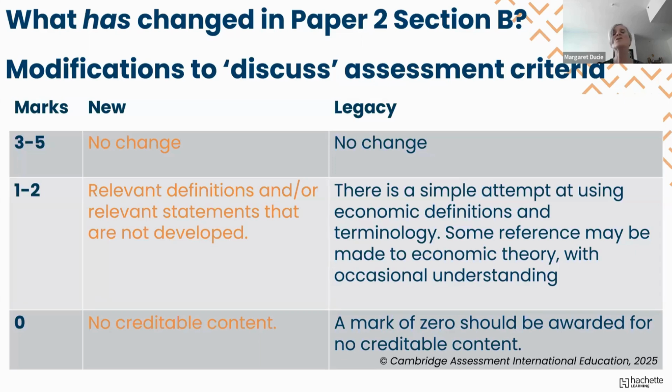Okay, so just to summarise, the major changes are Paper 1 is now 40 multiple choice questions instead of 30, and it's now an hour long. And Paper 2 is now 80 marks instead of 90 and is now 2 hours long. Okay, all right, that's the end of my section.